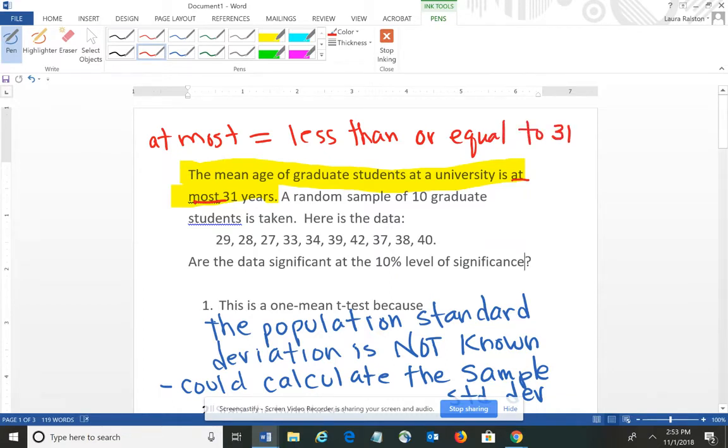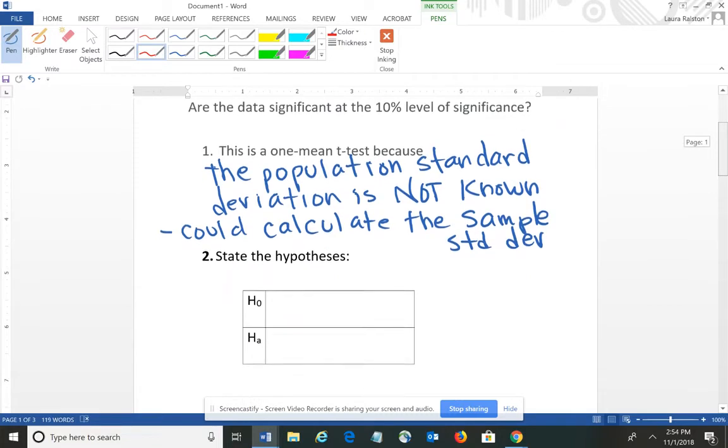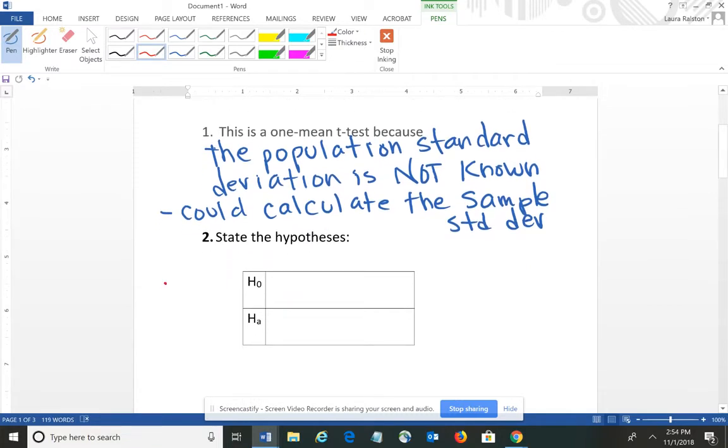Hopefully that makes you think of the symbol less than or equal to, so that statement is actually your null hypothesis. We're going to say the mean is less than or equal to 31, or at most 31. The alternative is the exact opposite, so it's going to be that the mean is greater than 31.